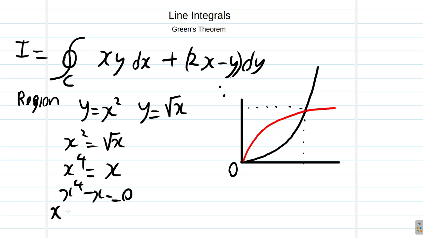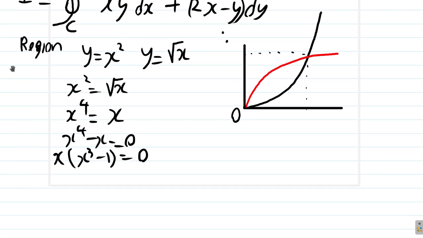And then if you factor x outside, you get x times x cubed minus 1 equals 0. Now, where are they equal? Well, certainly, if you make x 0, then you'd have 0 multiplied by 0 minus 1, which is 0 times negative 1, which is 0. So both of them are equal at 0, right here. But what's the other point where they are equal?